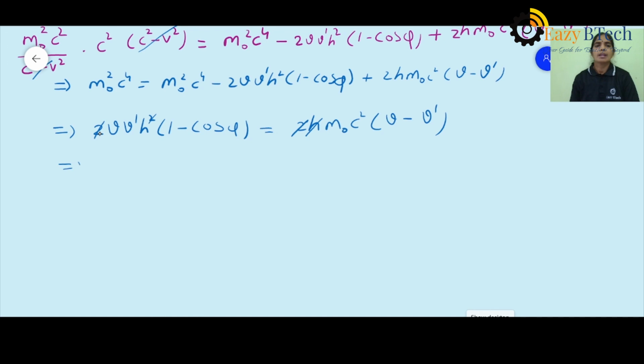Then it becomes h into 1 minus cos phi equal to m naught c square. Since I am simplifying here, mu by mu prime: one mu will be cancelled and I'll be left with 1 by mu prime. Similarly, mu prime by mu prime: mu prime will be cancelled and I'll be left here with 1 by mu.